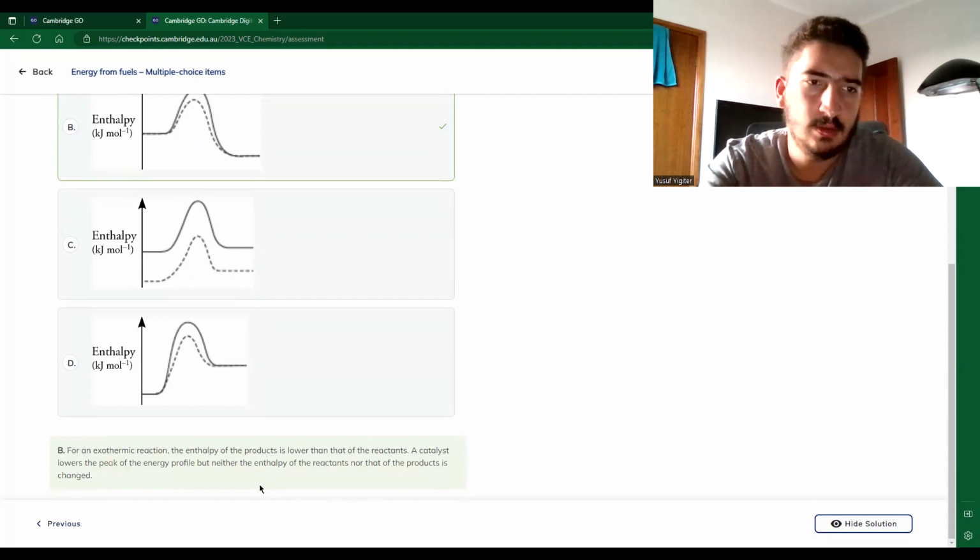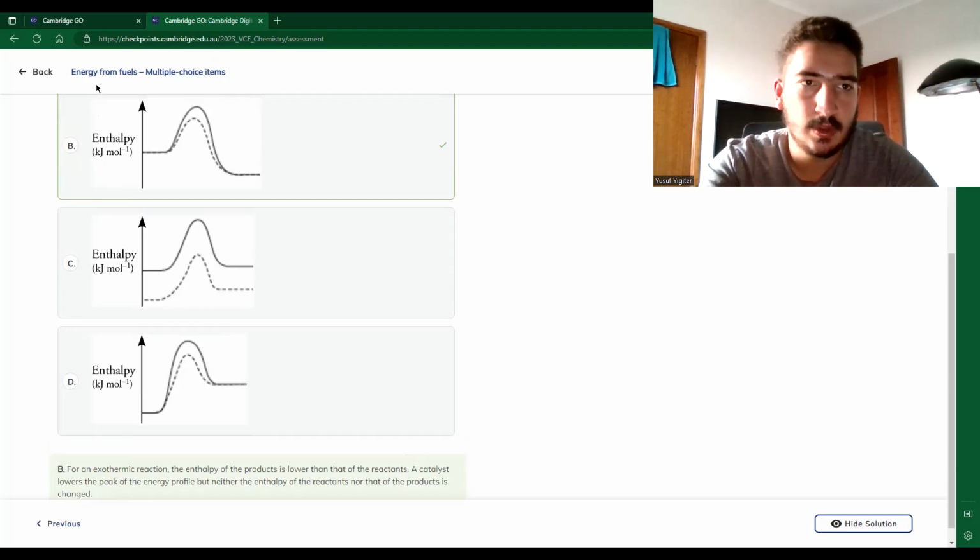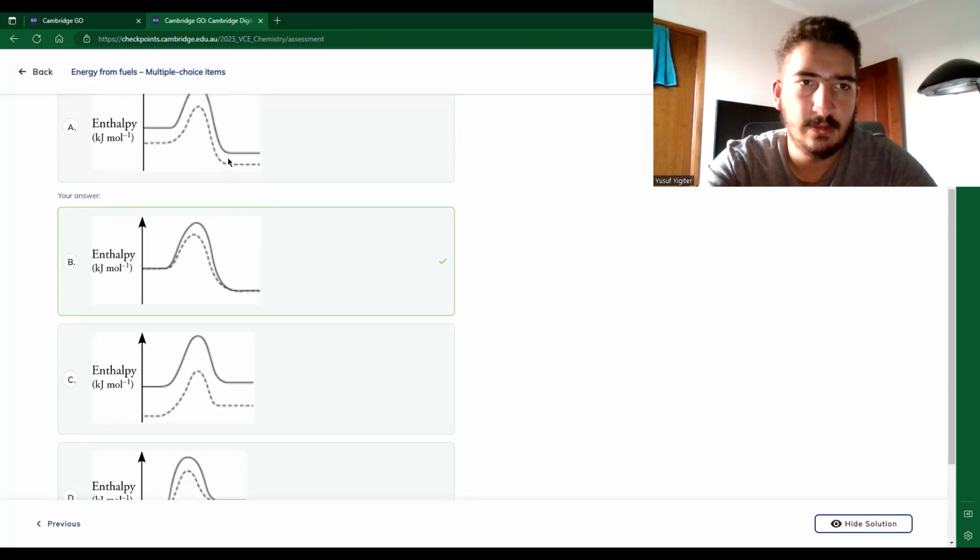So catalyzed or uncatalyzed, it's always going to have the same change in enthalpy. But a catalyst lowers the peak of the energy. So if you add a catalyst, you require less activation energy to produce a chemical reaction. But the displacement from here to here has to be the same. From here to here, but from here, you see, it's different. They're not the same.